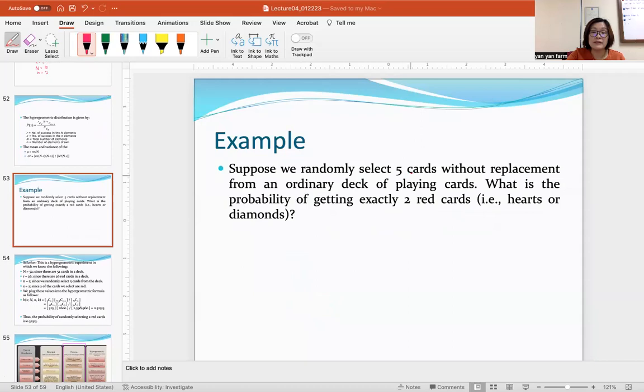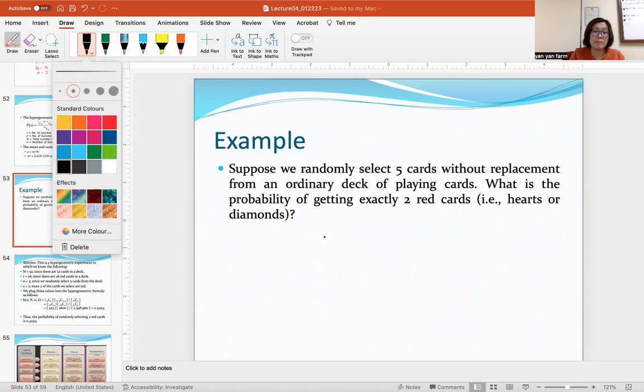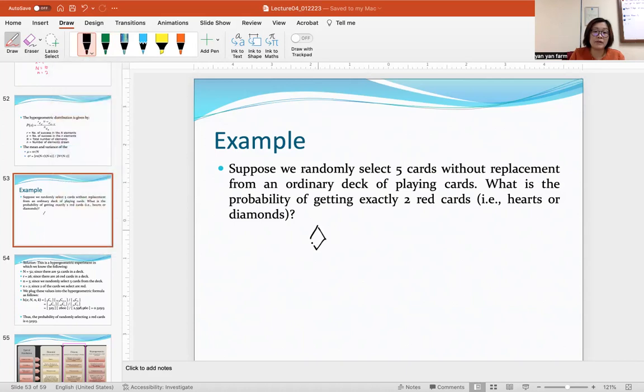Suppose we randomly select 5 cards without replacement from an ordinary deck of playing cards. What is the probability of exactly 2 red cards? You don't necessarily need to involve money. If you have a deck of playing cards, they have the diamond. I remember the diamond is black, I think, and spade.